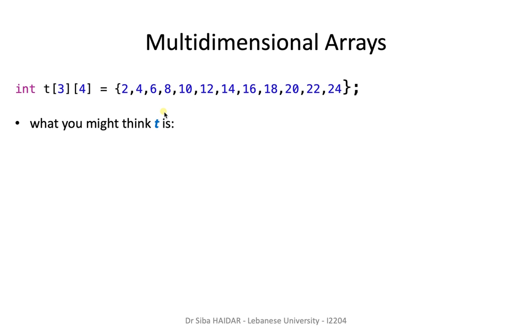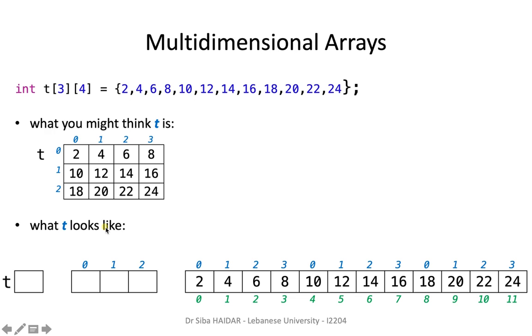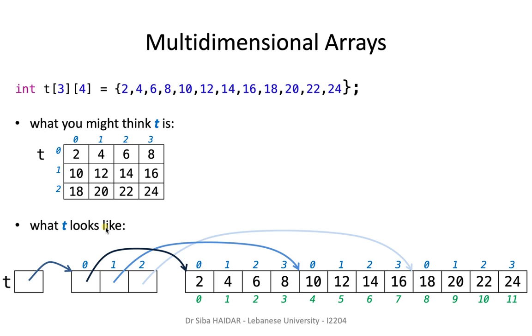You might think that t is represented as a two-dimensional array, as we have seen in math. It is close enough to this representation, but t in fact looks more like this representation, where t is an array of 3 elements, each of which is an array of 4 elements. So in fact, in the memory, the elements of t are not on separate rows, but they are contiguous one after the other.